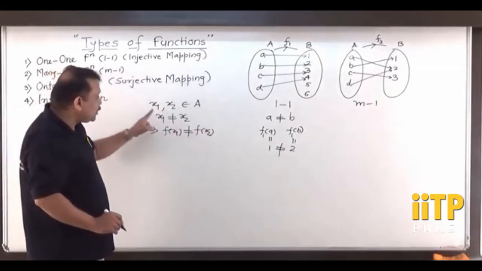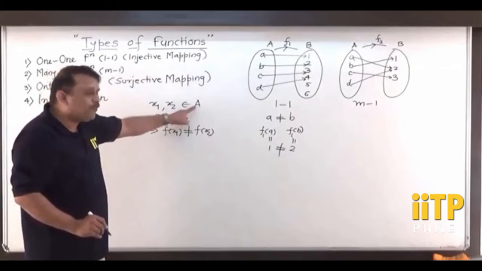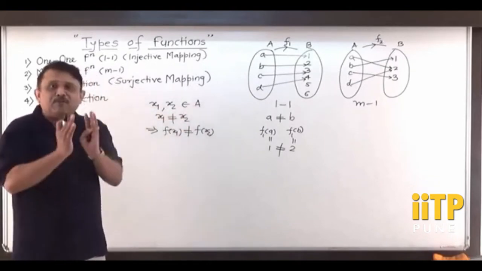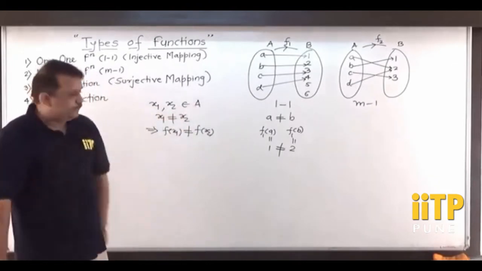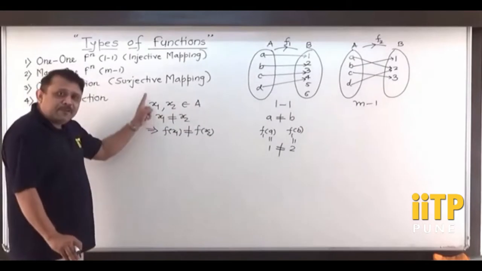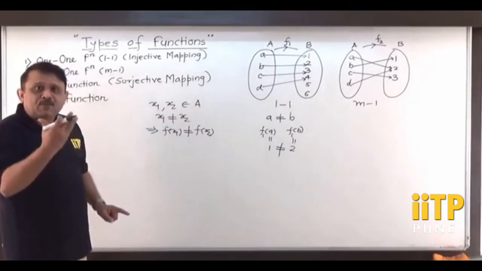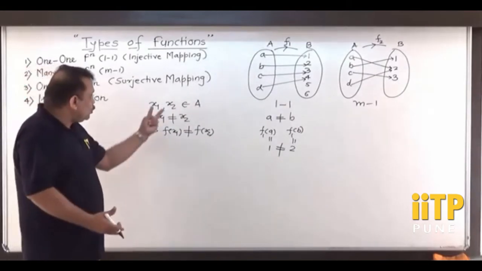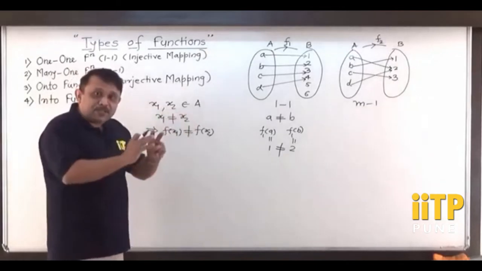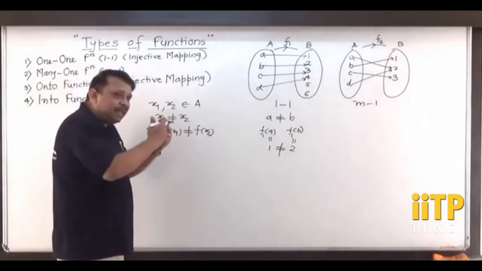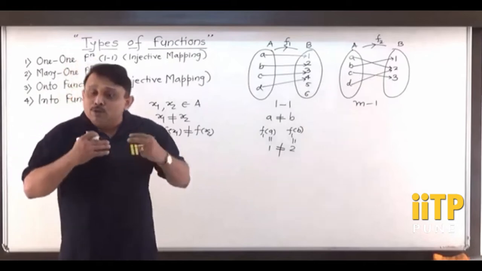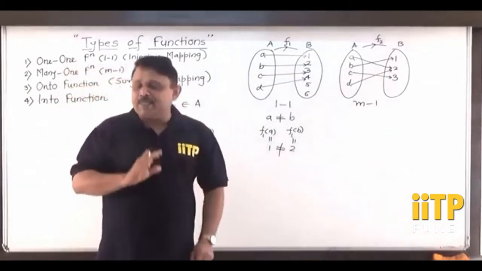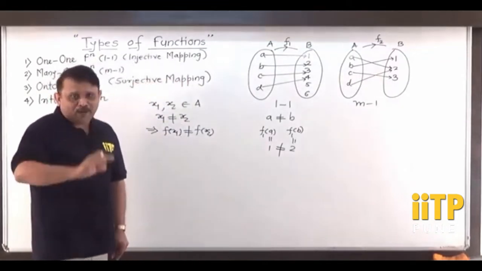And if this happens for any two distinct elements of capital A, we say that the function is 1-1. So this is one way of checking whether a function is 1-1 or not. Choose two elements of capital A which are distinct. Find their images. They should also be distinct. If this is the case, the function is said to be 1-1.